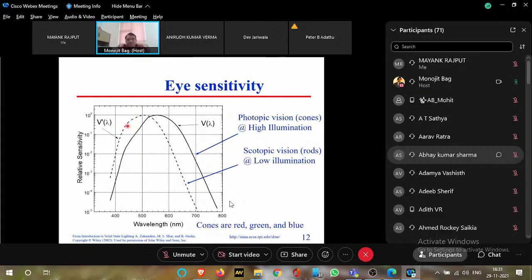You can just see there is some object, but you cannot see exactly what the color is, what the depth of this object is, and so on. This is known as scotopic vision. And cone cells are basically red, green, and blue sensitive, right? So this is what the eye sensitivity is.